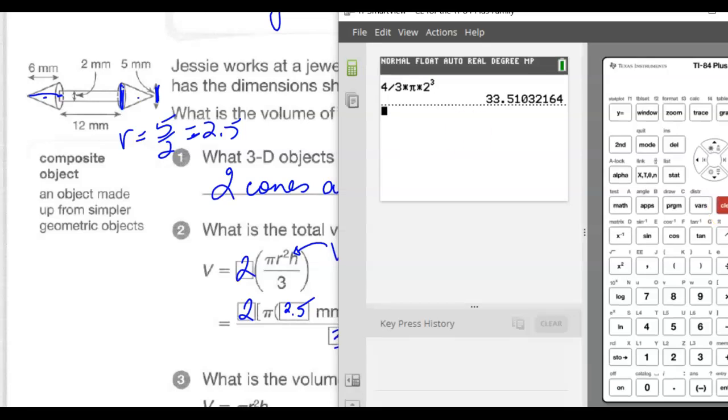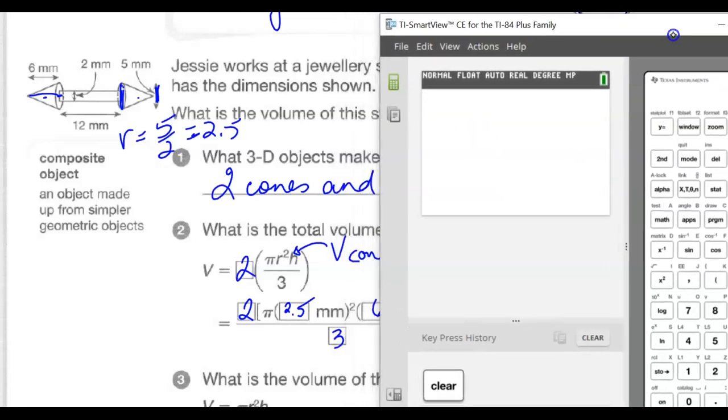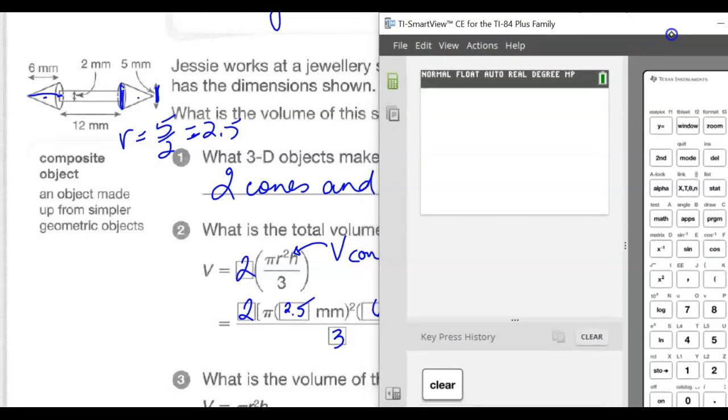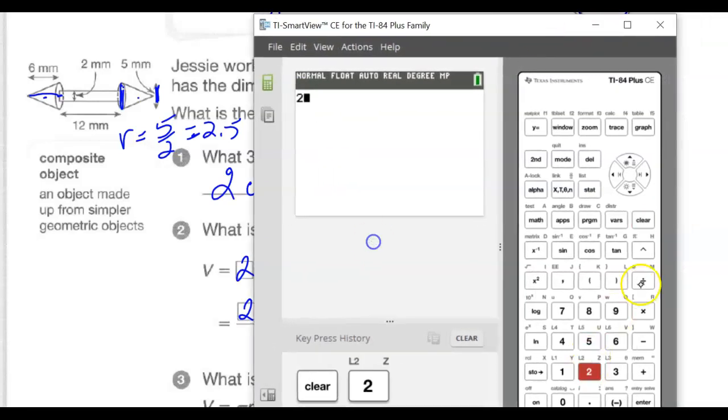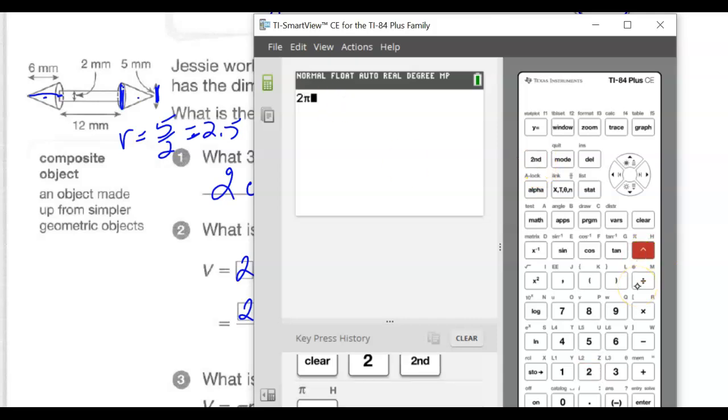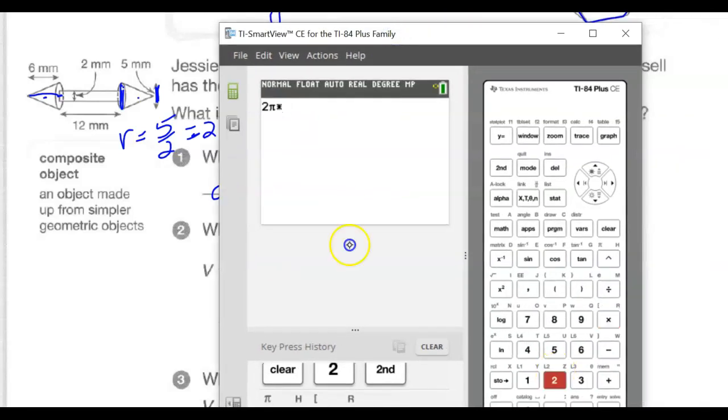Okay, so 2 times pi, so basically 2 pi, we don't have to put the times in. And if you want to use brackets, you don't have to put times, but now I'm going to put multiplied by the radius squared, or you could use exponent 2, and then times by the height, and then divide by 3.